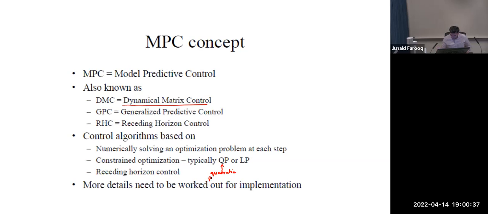At some point, you might run into linear programs and quadratic programs in optimization literature. If you look at optimization, you will come across these terms a lot. So basically, in the MPC, there's an optimization problem that you solve at each step of the iteration and then determine the control input. That's the fundamental idea.